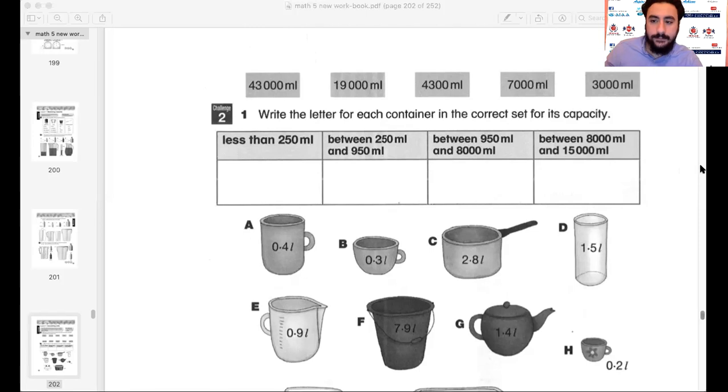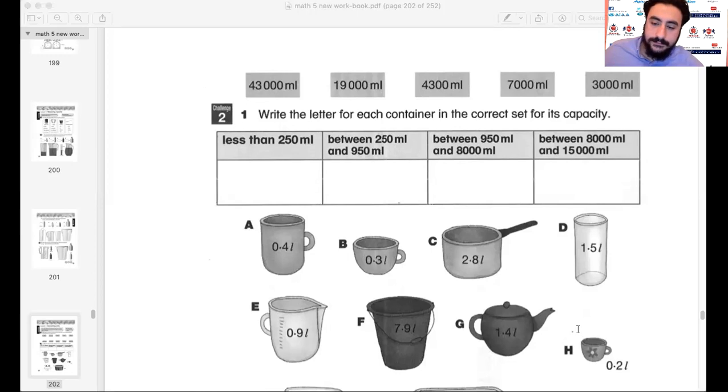Write the letter for each container in the correct set for its capacity. Okay. Less than 250 milliliters. So we're going to say H, where is it? 0.2 liters. Why?